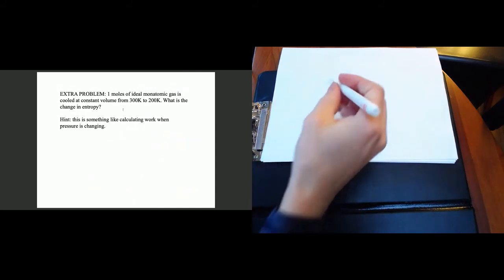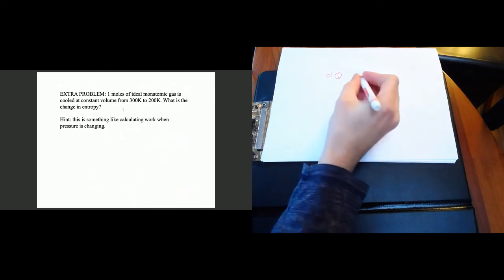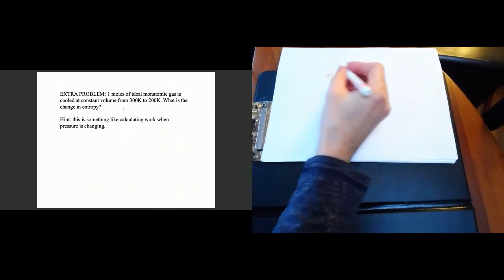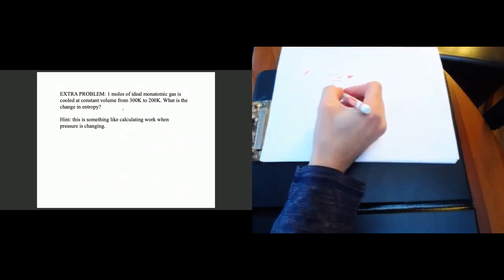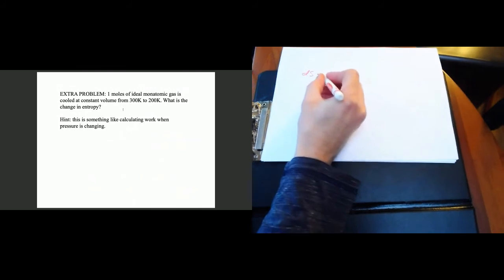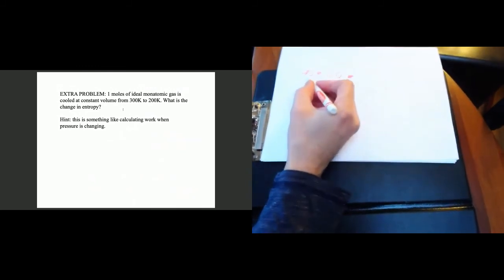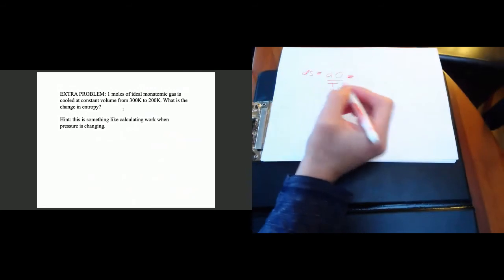Okay. So what we need to do is to imagine breaking up the process into many steps, because the temperature is changing throughout the process. And so we can say that for each little part of this process, the change in entropy is equal to the heat that flows in divided by the temperature at that time.